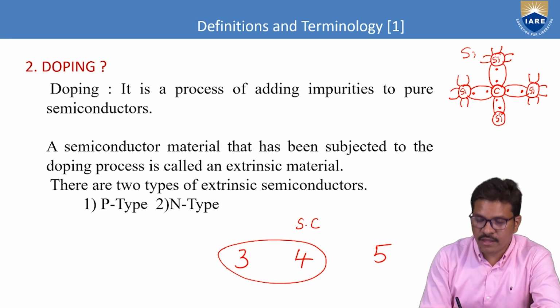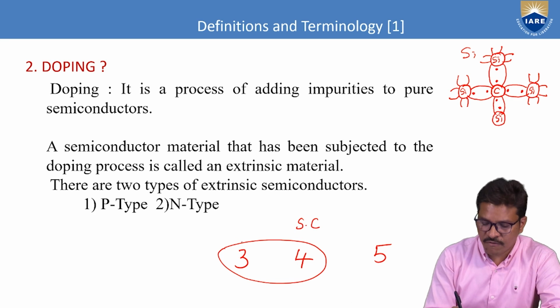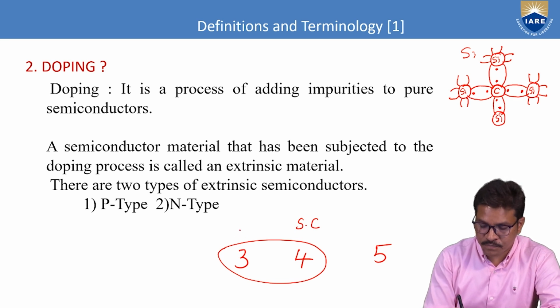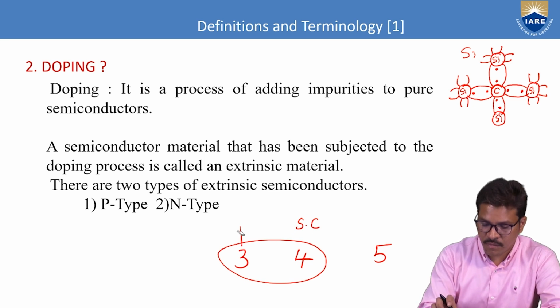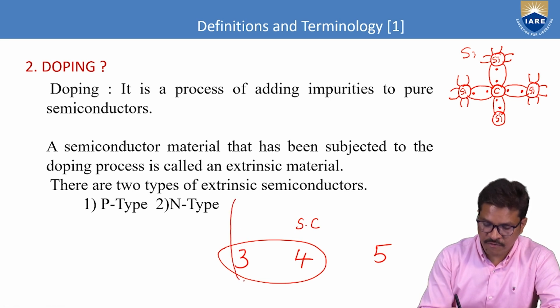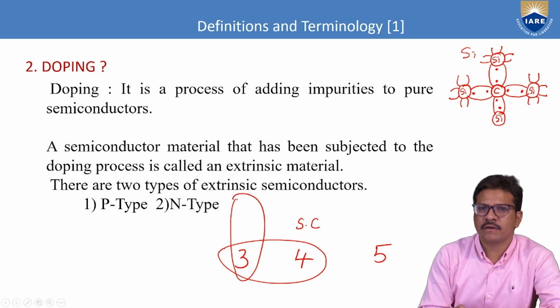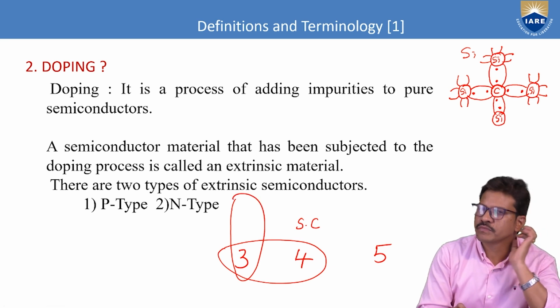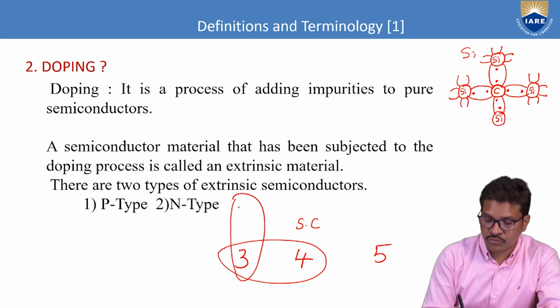If we add trivalent atoms, the examples of trivalent atoms are boron, aluminum, gallium, indium.